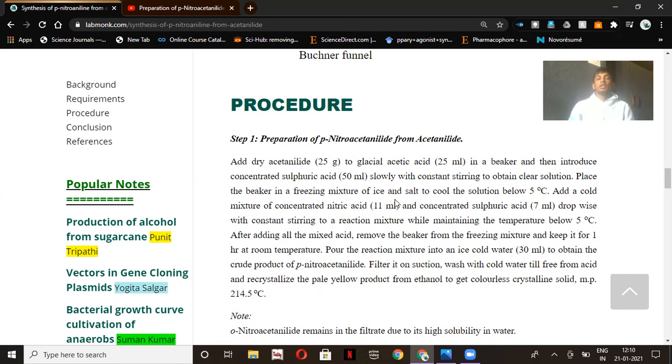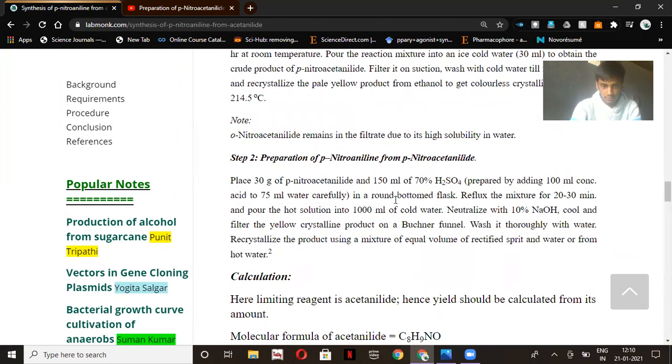If the temperature rises, then the major product will be orthonitroacetanilide, so it is mandatory to keep the temperature low. Filter it on suction, wash with cold water till free from acid, and recrystallize. The melting point is 214.5 degrees Celsius.